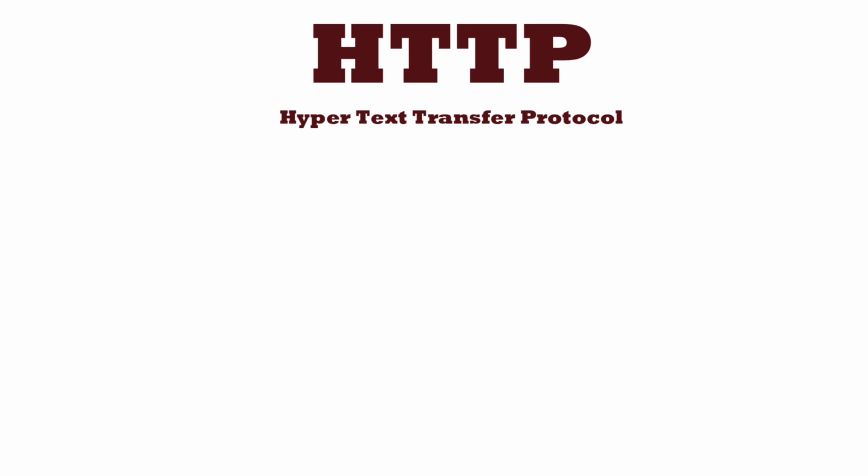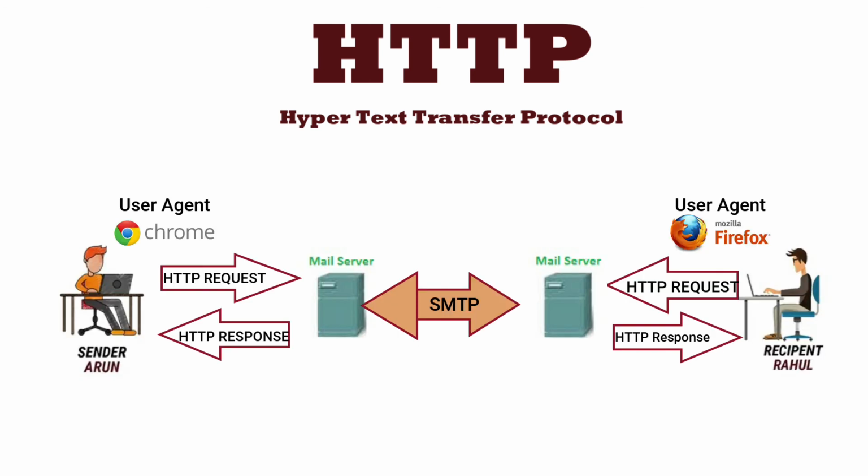With this service, the user agent is a web browser and the user communicates with its remote mailbox via HTTP. When a recipient such as Rahul wants to access a message in his mailbox, the email message is sent from Rahul's mail server to Rahul's browser using the HTTP protocol rather than the POP3 or IMAP protocol.